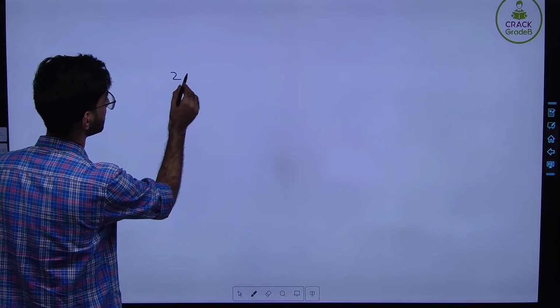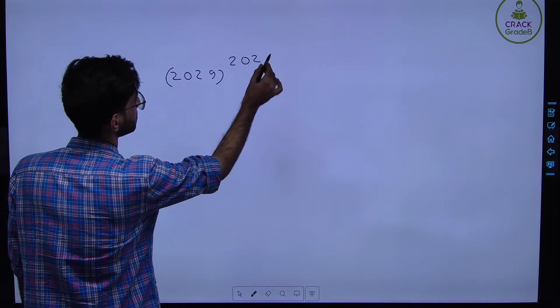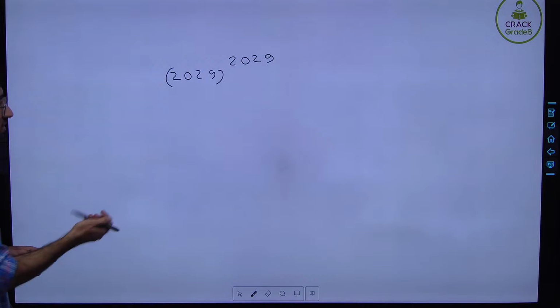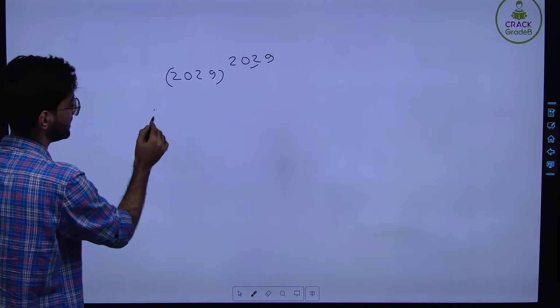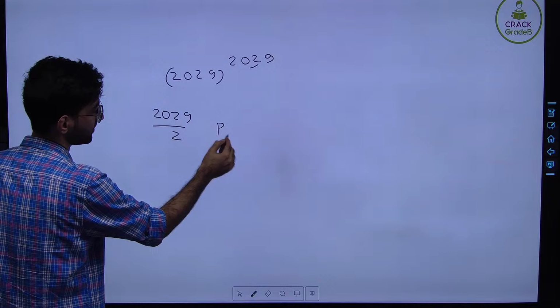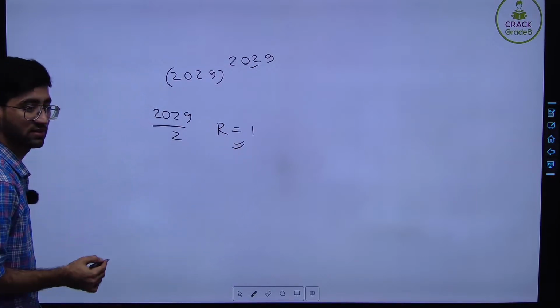Now try to answer what is the unit digit of 2029 to the power 2029. 9? Okay. See, again, you will have to divide 2029 by 2. You must be able to calculate this value, that remainder is 1, right?